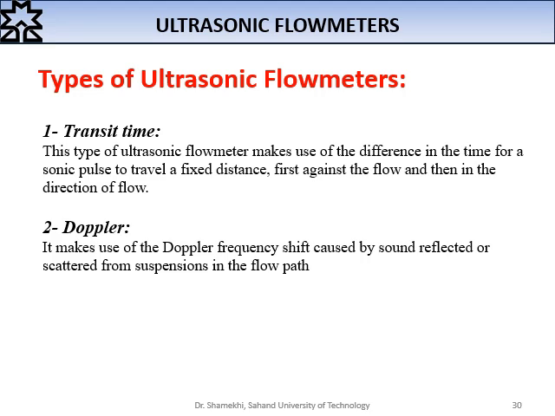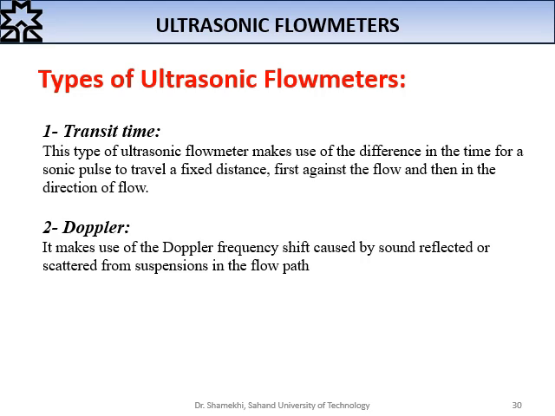Doppler flow meters use the Doppler frequency shift, and this shift is caused by sound reflected or scattered from suspensions in the flow path.